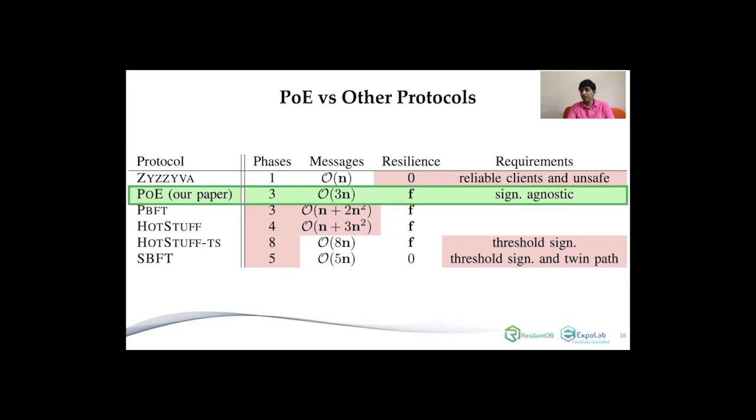And moreover, PoE has a distinction. Although right now we'll show a design of PoE that requires threshold signatures, PoE can be designed without using threshold signatures also. In the paper, we have proposed a design which uses MACs. So we basically call PoE a protocol which is signature agnostic.